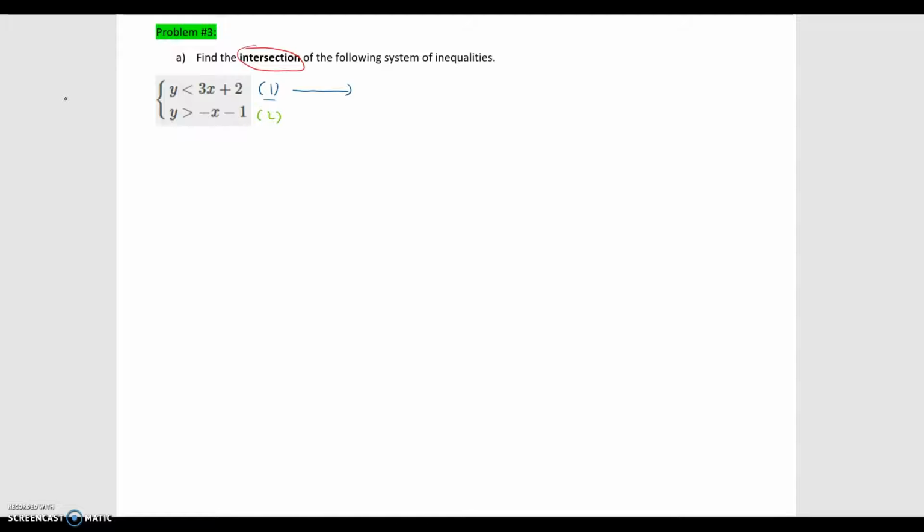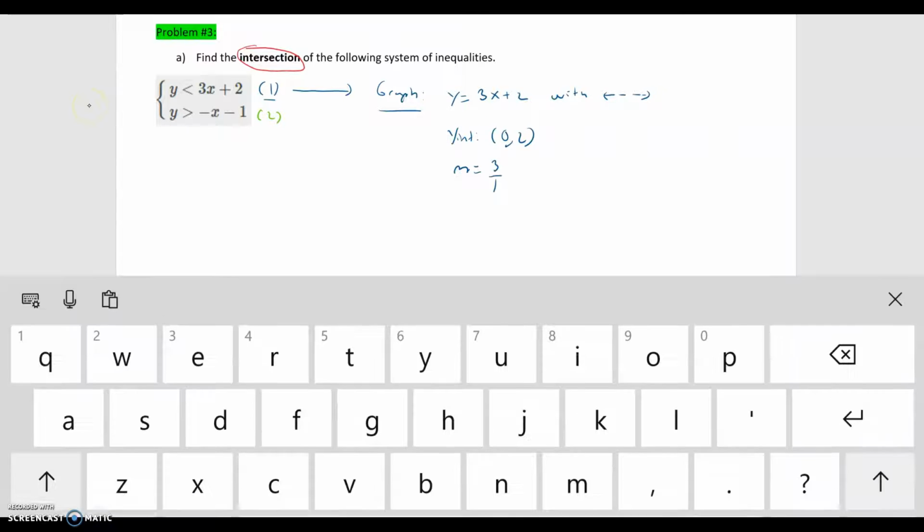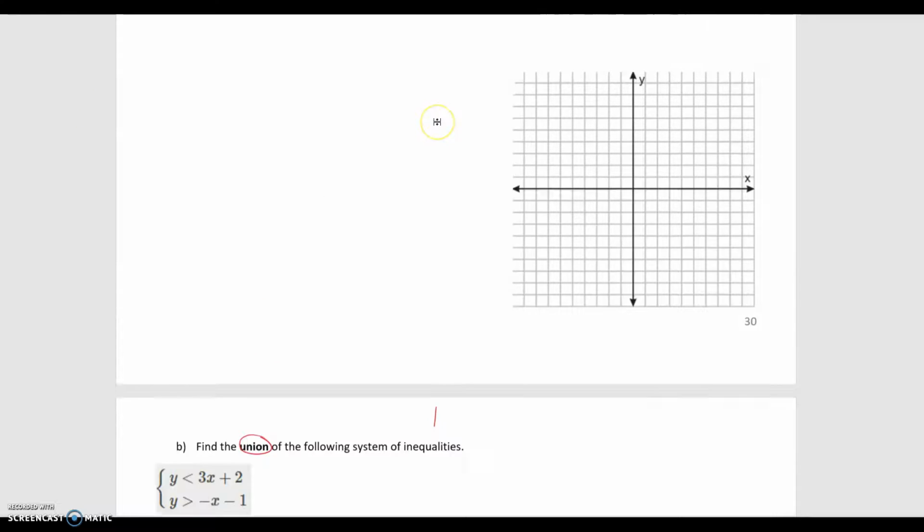So in this case, we're going to graph y is equal to 3x plus 2, and this will be with a dotted line. The y-intercept is going to be 0, 2, and the slope is going to be 3/1. This is the important information for the first line.